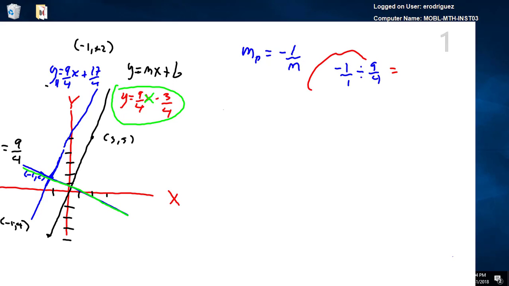Okay, so now we're ready to do the perpendicular one. And we have to realize that the perpendicular slope is equal to minus one over the regular slope of the first line. We did this black line over here. So we know that to be true because this slope is going to be negative, right?